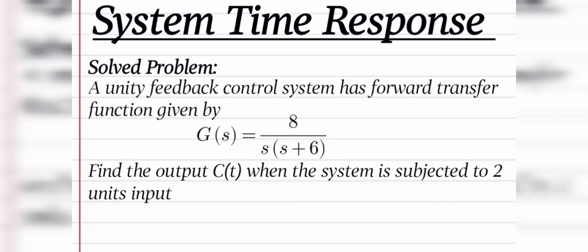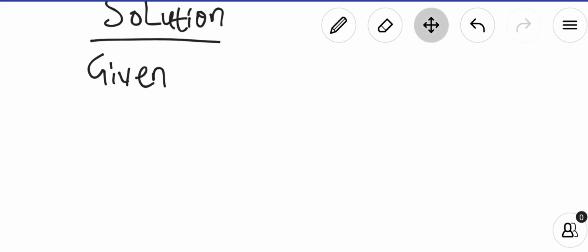In this video, I'm going to teach you how to solve the question on my screen. We are given a unity feedback control system and it has a forward transfer function.